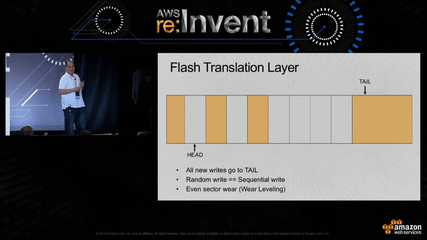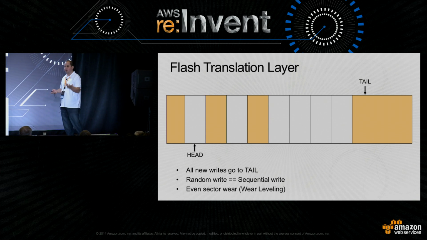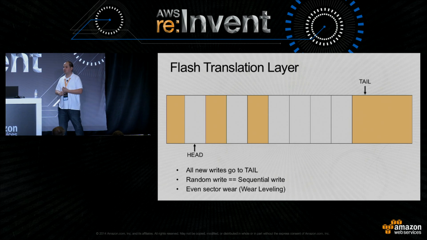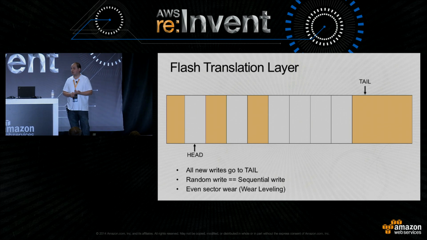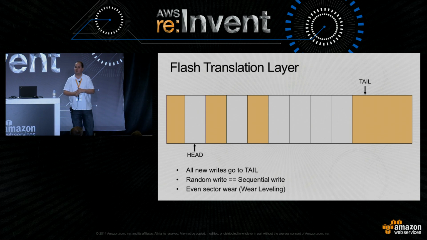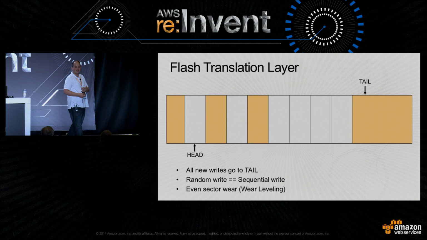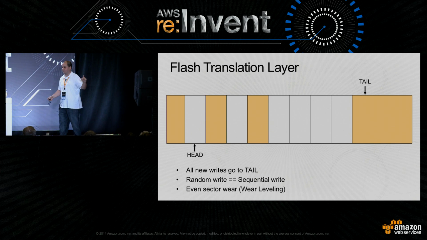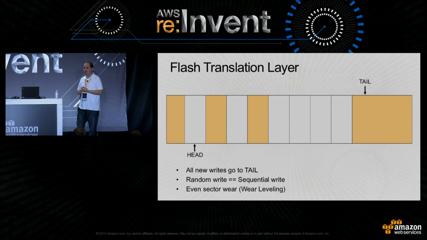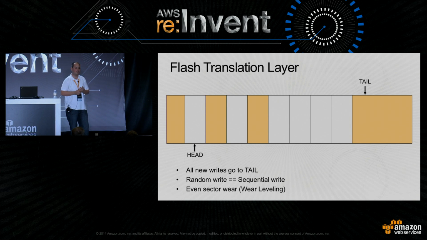This is one of the reasons why SSDs have this really cool characteristic that sequential writes are roughly the same as random writes in terms of performance, because they're the same thing. There is no difference. All writes get converted into these append operations to the transaction log.